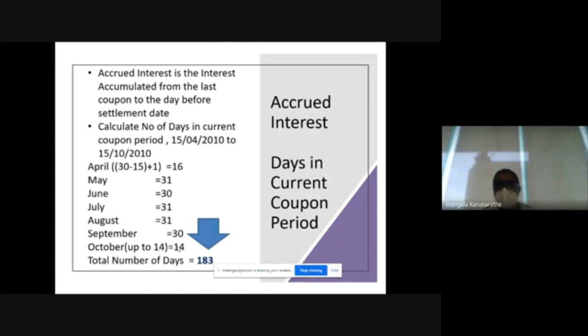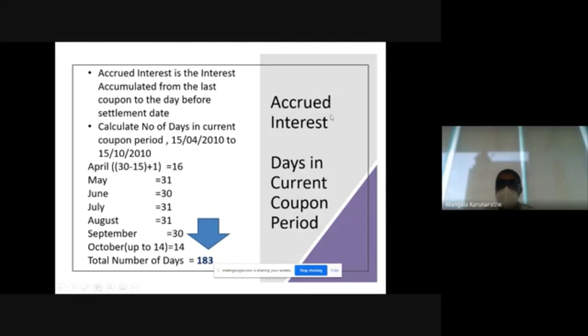So up to 14th only the interest will be paid, so for October you get 14 days. The total number of days for the period from 15th April 2010 to 15th October 2010 is 183 days.